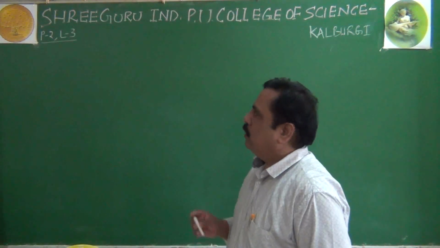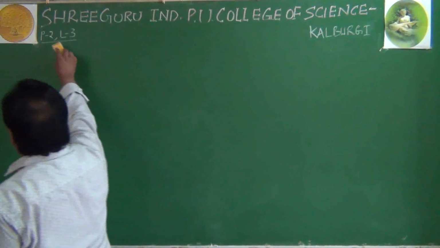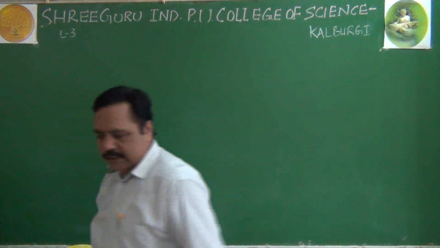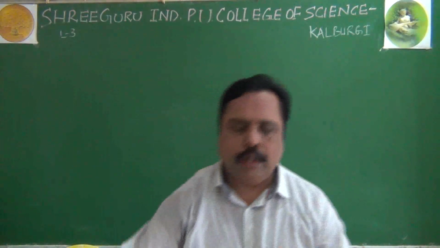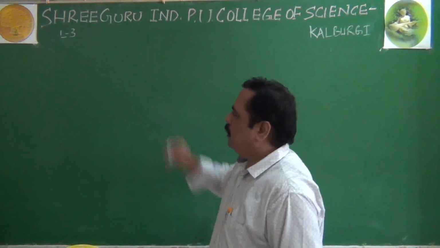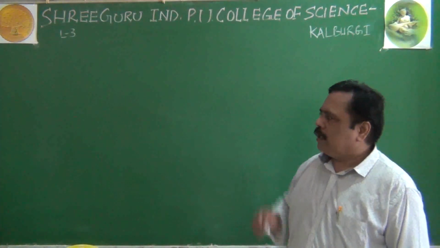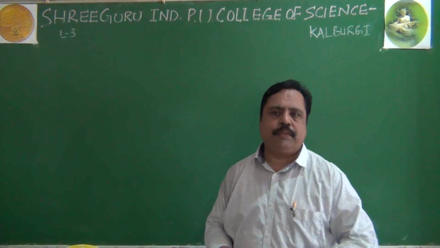So in biology, this is lecture number 3 we are going to discuss here. The third lecture. In the previous class, I was telling you about morphology of a flowering plant.